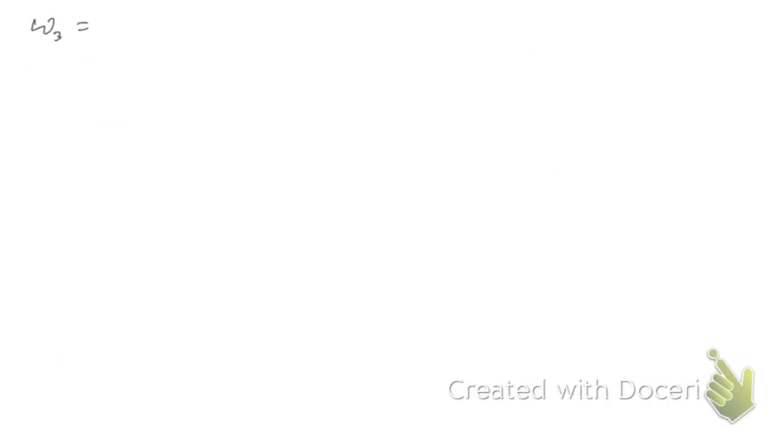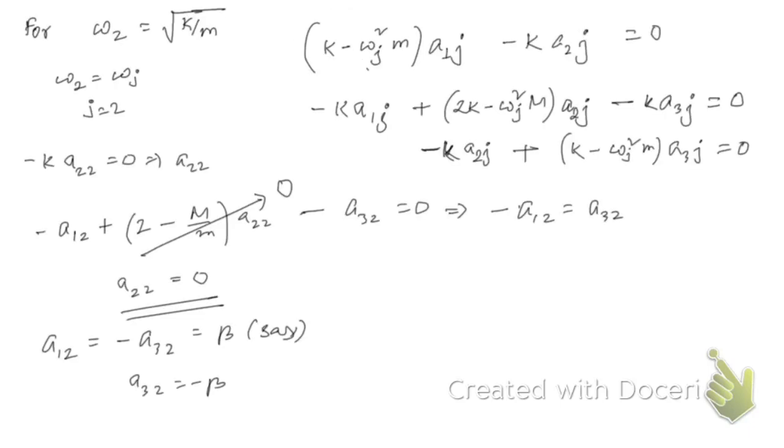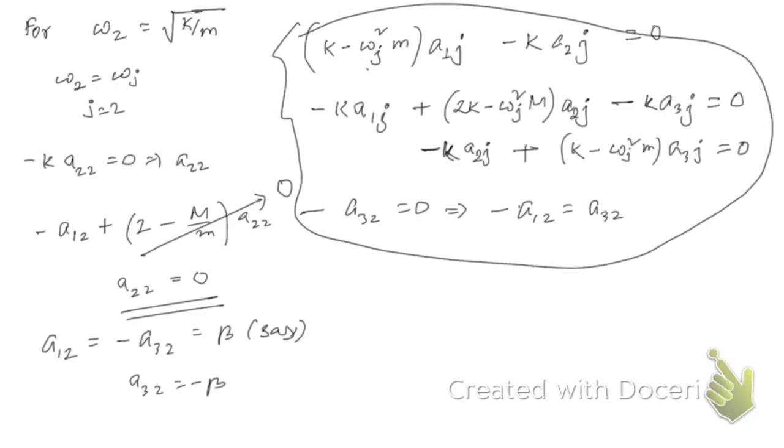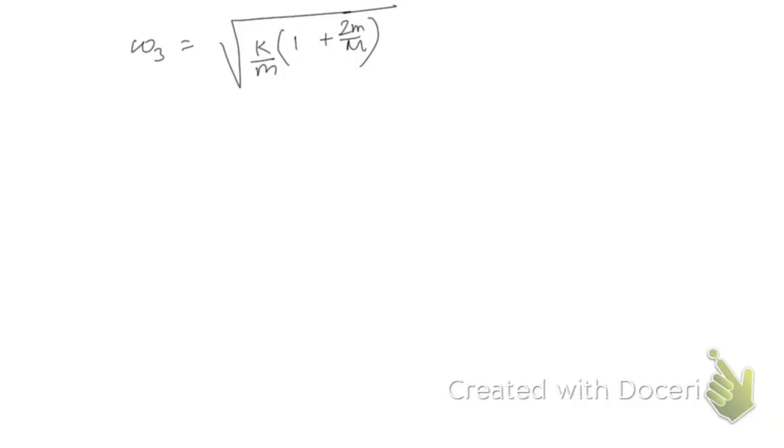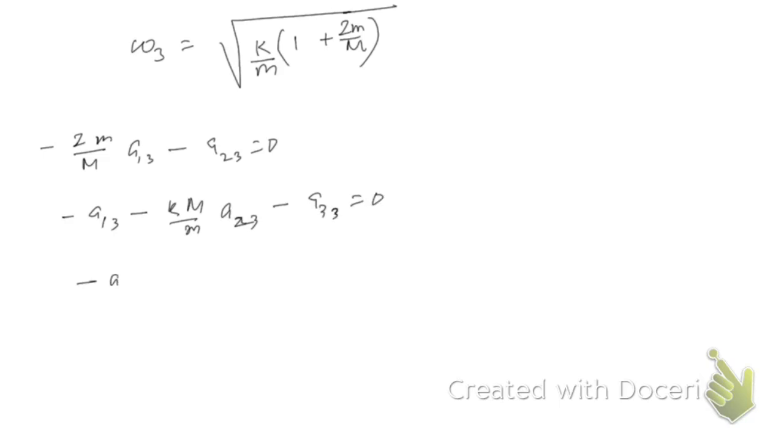So for omega 3, if we use these equations again, we're gonna have 3 equations, and those are of this form: minus 2m by capital M a13, then a23 is equal to 0, then we're gonna have a13 minus k capital M by small m a23, right, then minus a33 is equal to 0, then we're gonna have minus a23 minus 2mk by m a33 equal to 0. These equations will be obtained.